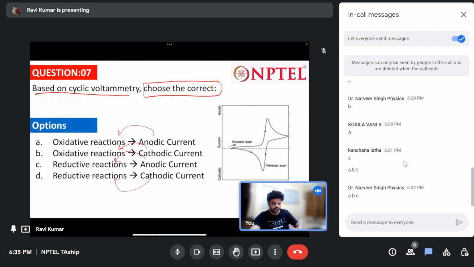For your information, this current is anodic and this current is cathodic. You just need to tell me, in this forward scan, is there oxidation or reduction, or here oxidation or reduction?